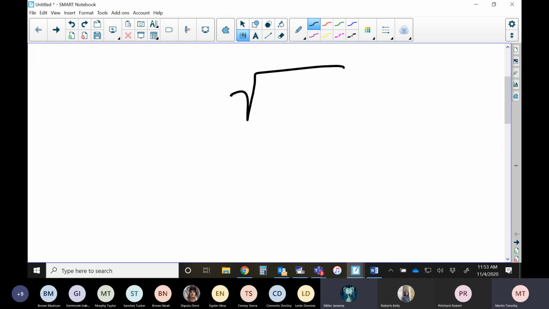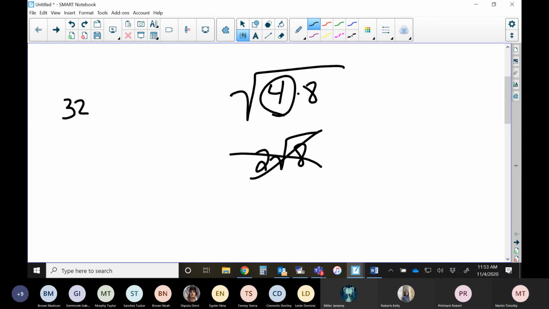Okay. Sometimes people do, I'm going to try to think of one, like 32. You can rewrite 32 as 4 times 8. And then you can take the square root of 4, which is 2, and then some people might write 2 square roots of 8, and that's the wrong answer.